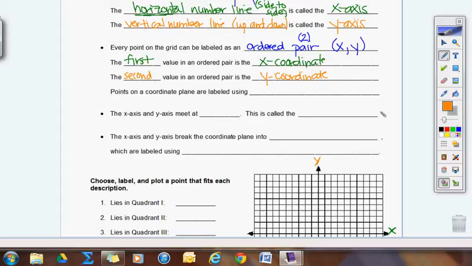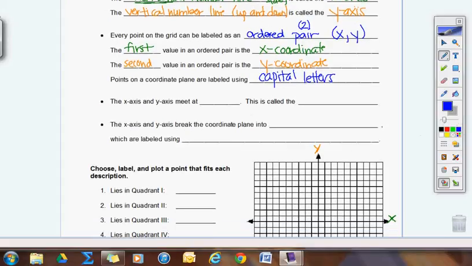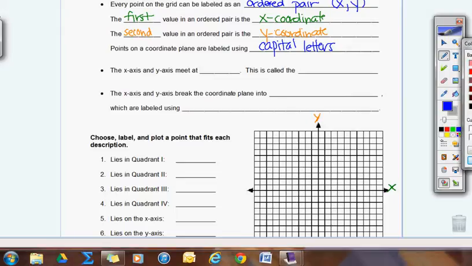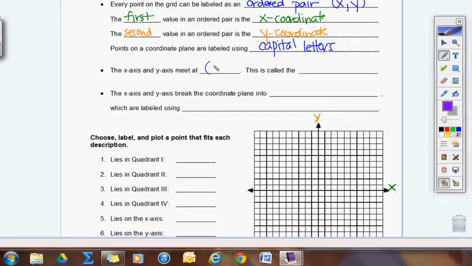Ordered pairs or points, when we label them on the rectangular coordinate plane, we use capital letters to label an individual point. The x and y axis meet, or intersect, at the point with coordinates 0, 0.